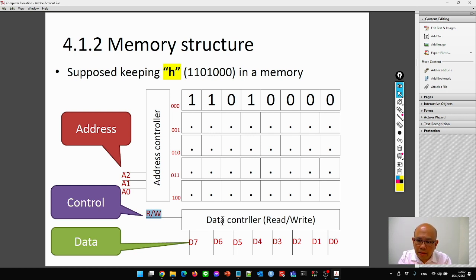The different types have differences in the memory cell structure, but they have an address controller and data controller. That is the same structure but different in the cell here.